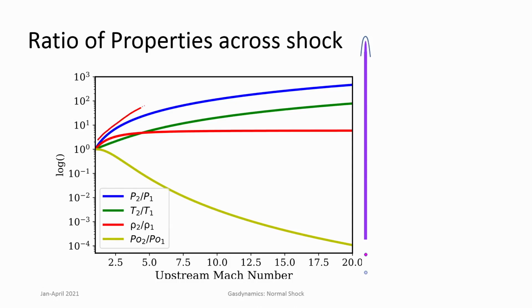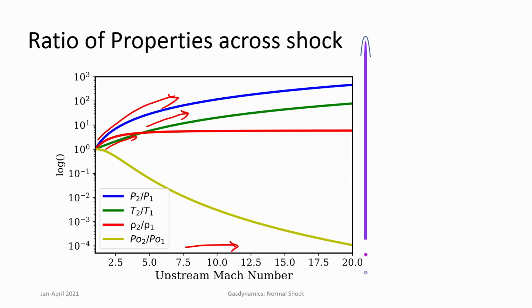There is a significant increase in pressure, and this is accompanied by an increase in temperature also. So as Mach number changes, both pressure and temperature increase significantly. If you look at what happens to density, it is interesting. Initially it increases, but once you reach higher Mach numbers, it sort of saturates. So it does not increase as much as temperature and pressure do.